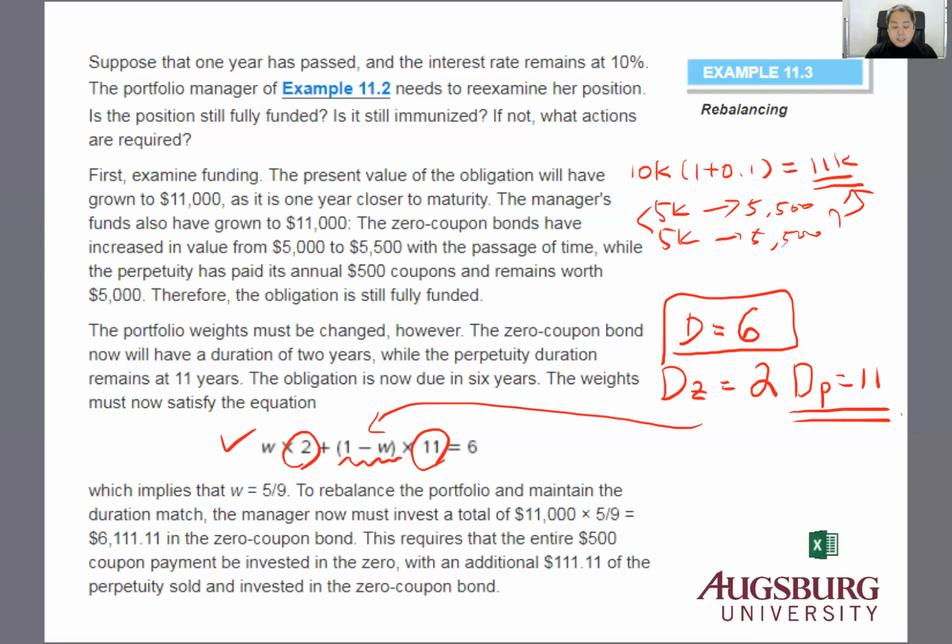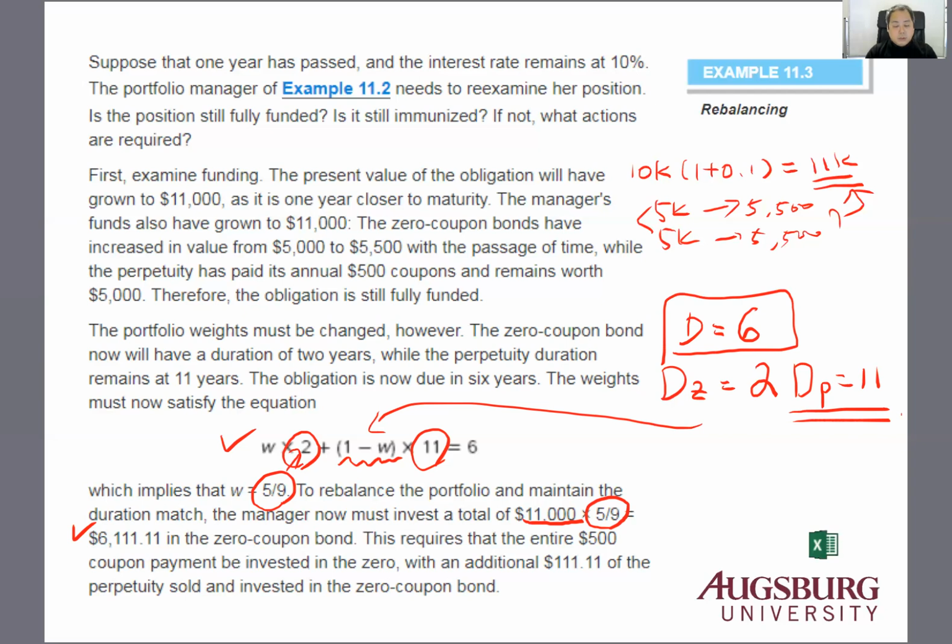If you solve this, then the solution is not half, it's actually 5/9. That means you actually have to increase the zero coupon bond, $11,000 times 5/9, which is $6,111.11 zero coupon bonds.